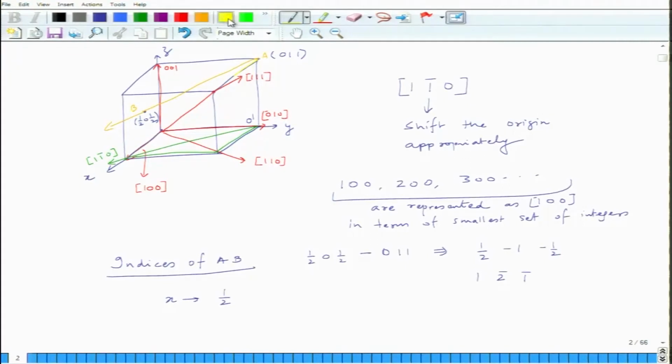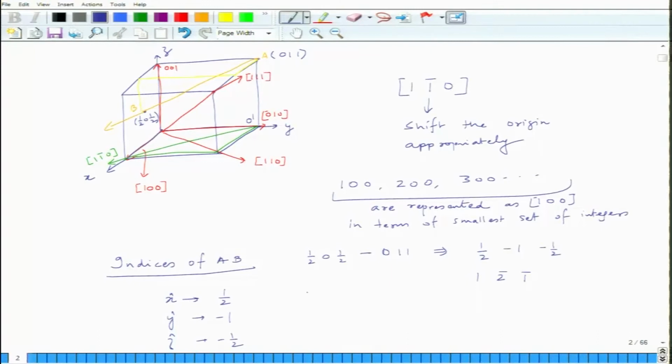Now, I go along y. Along y I have moved minus 1, and then along z I have gone minus half.